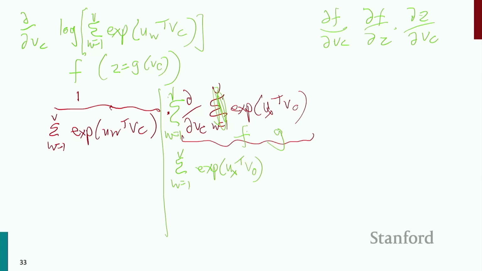And then we're taking the derivative of the inside part with respect to v_c of u_x^T v_c. Well, luckily, this was the bit that we already knew how to do because we worked it out before. And so this is going to be the sum of w equals 1 to V of this exp times u_x.